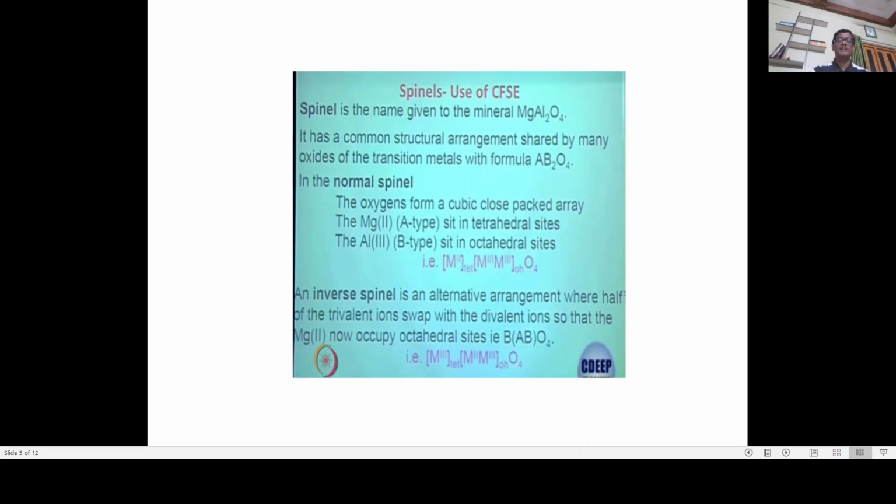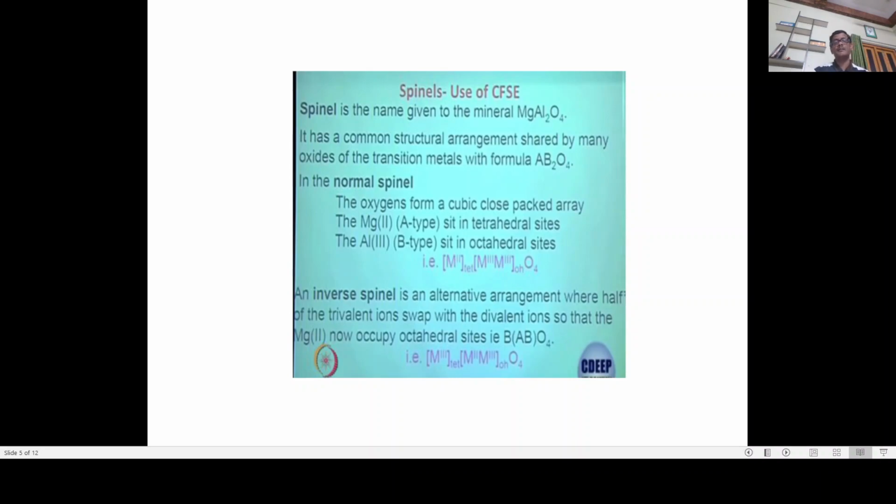That spinel name is given by the mineral magnesium aluminum ore. It has a structure of A, B, and normal spinel oxygen forms a cubic array. Magnesium, the A type, sits in tetrahedral sites, and aluminum, the B type, in octahedral sites.